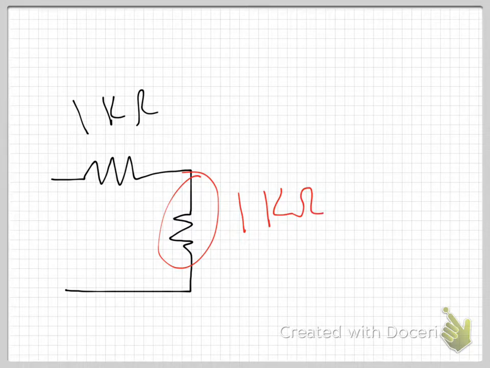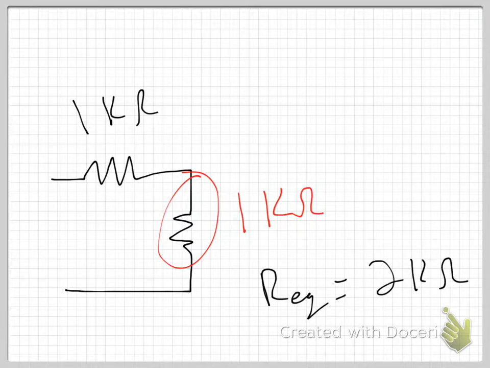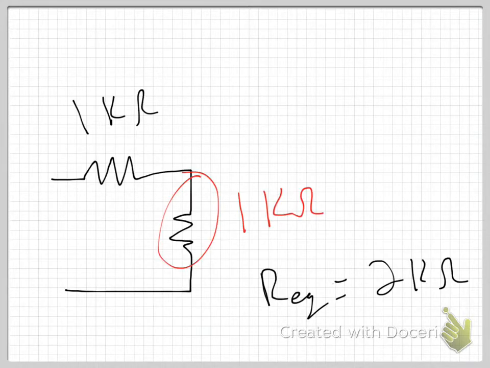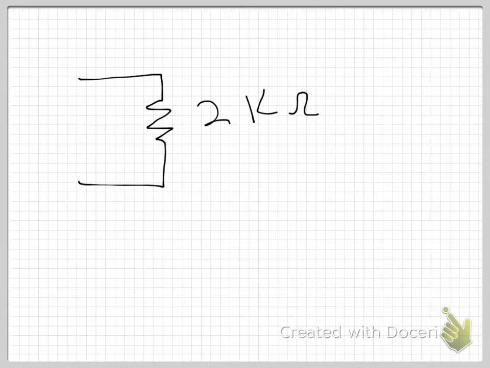I've got two 1 kilo ohm resistors in series, which means that my equivalent resistance, again I just add them up, is 2 kilo ohms, which means I can redraw my circuit finally like this. So all that to say, 2 kilo ohms, right? Equivalent resistance is 2 kilo ohms. So I redraw my circuit with a 2 kilo ohm resistor.